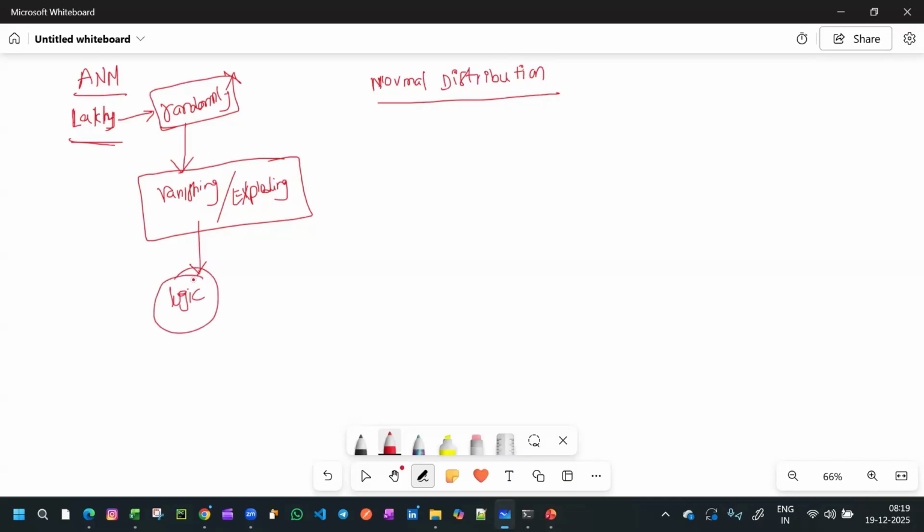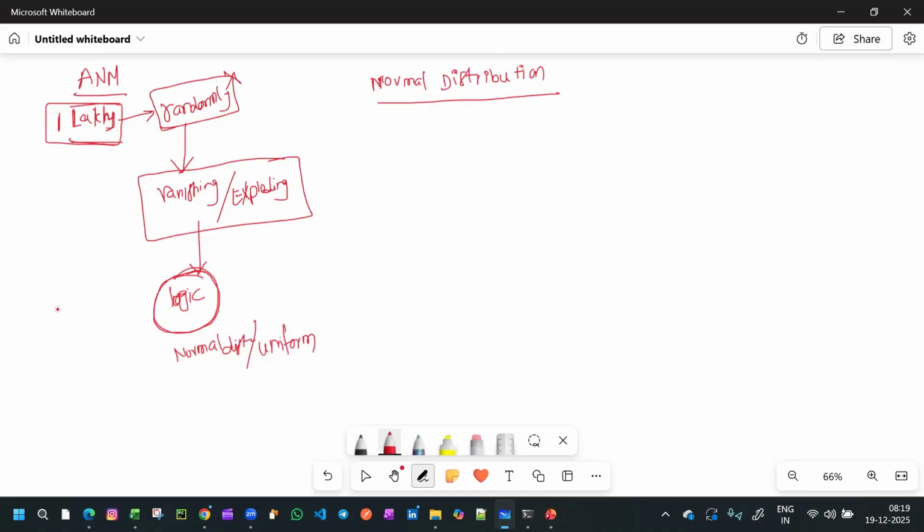What is the logic? We have to initialize the weights in such a way that, for example, my artificial neural network has only 1 lakh weights. These 1 lakh weights, I don't want to initialize randomly. Rather, I would like to initialize them with a normal distribution or uniform distribution.